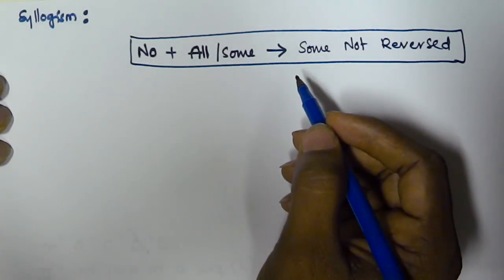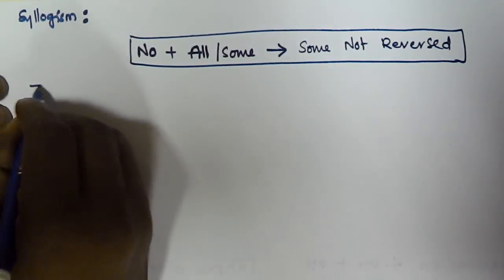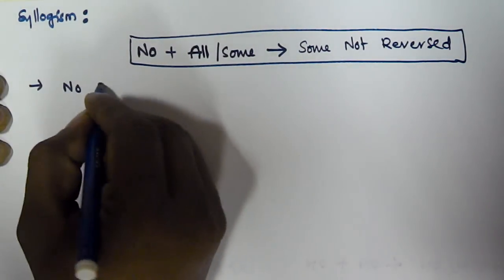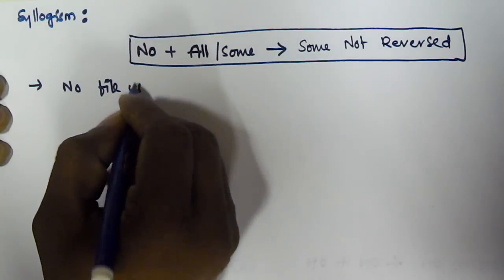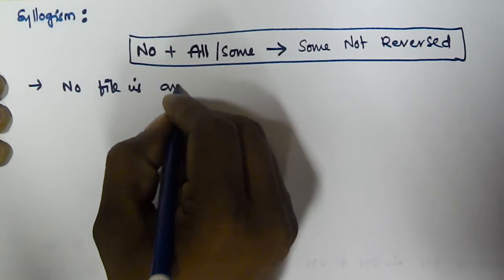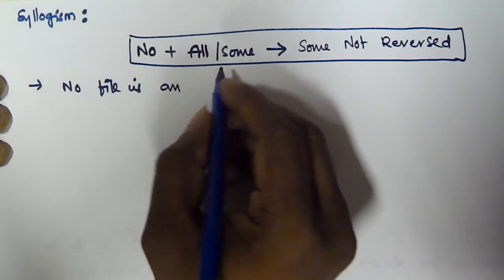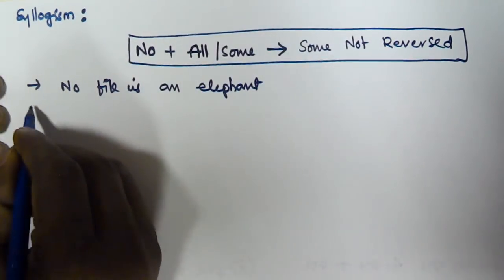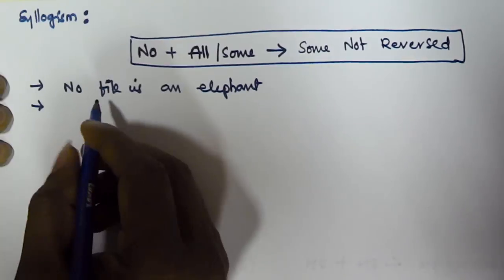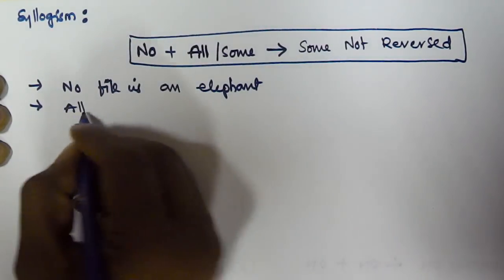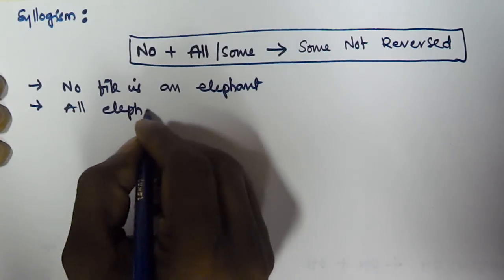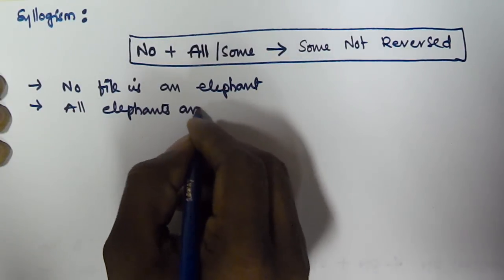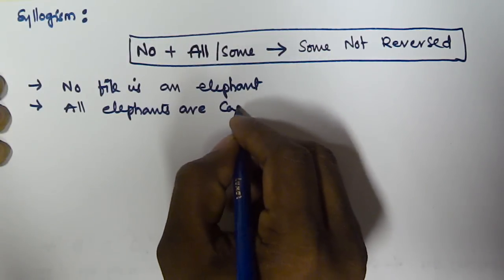The first syllogism given is: No file is an elephant. The second syllogism given is: All elephants are caps.